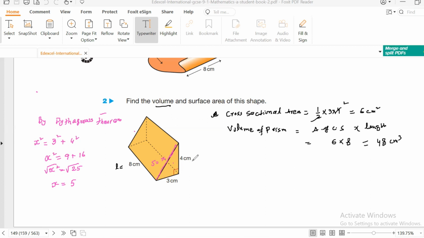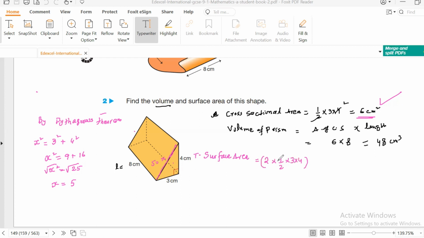So now you can find out the surface area of all the faces. Total surface area is equal to two triangle areas. One triangle area we already know, which is 6. There are two triangles, so multiply by 2: 2 multiply 1 over 2, base is 3, height is 4.